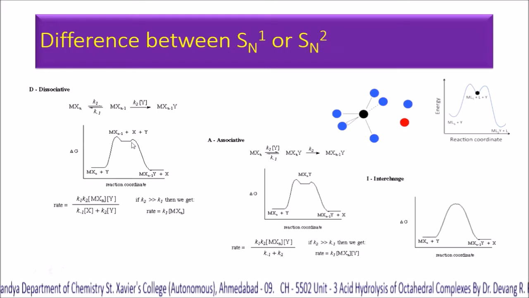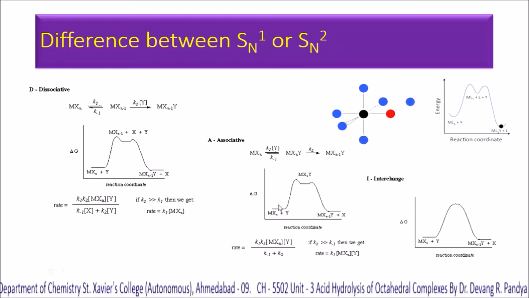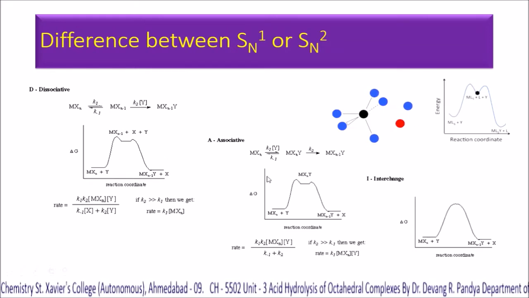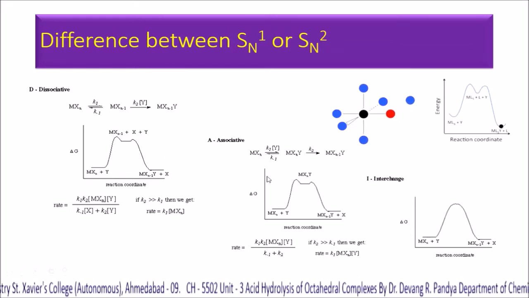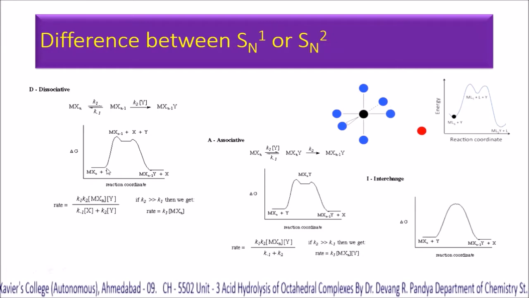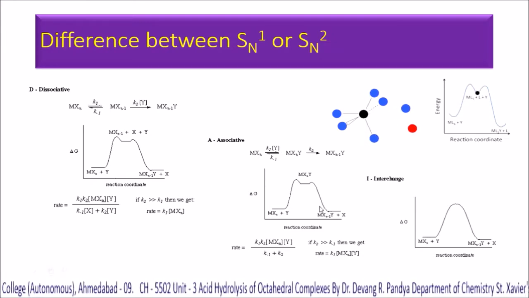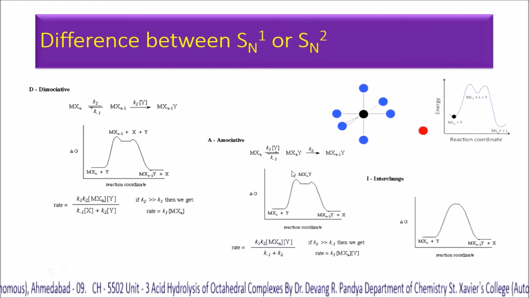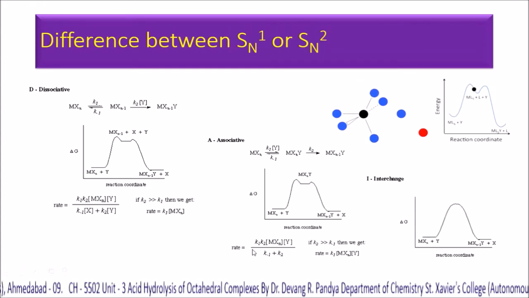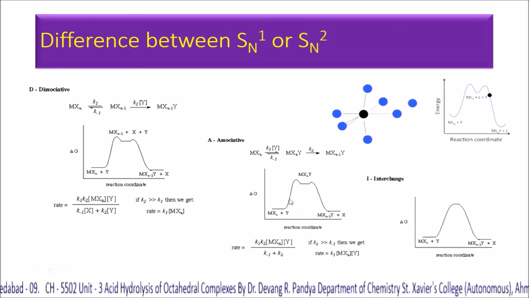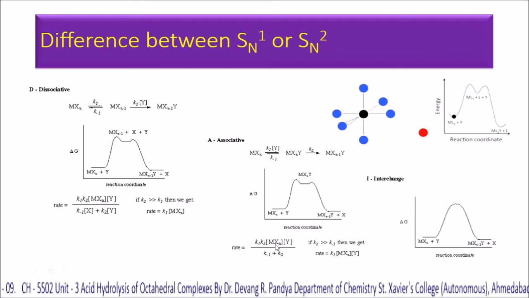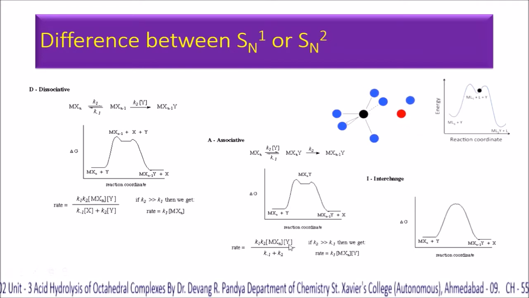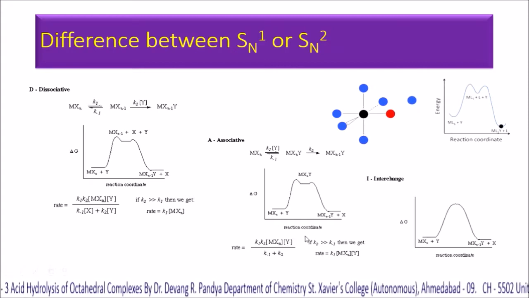On the other hand, when we have the associative mechanism, compared to this one the graph looks similar. As I have already told you, there are very minor differences in the energy and heat of reaction between the dissociative and associative mechanisms. But in the associative mechanism, along with the concentration of the main substrate, the concentration of the nucleophile will affect the reaction.